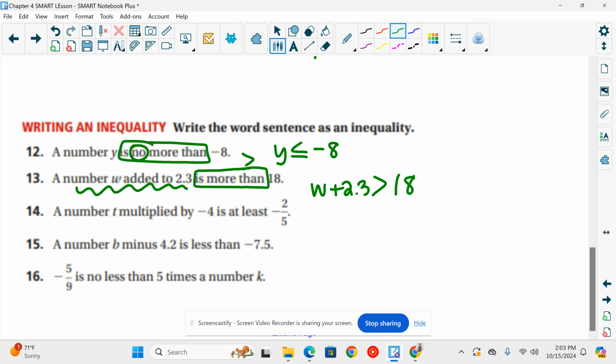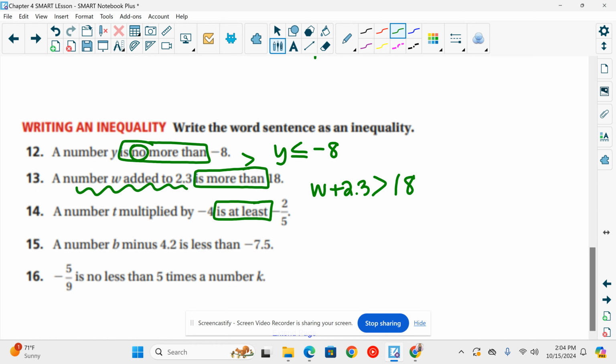Number 14. A number t multiplied by -4 is at least -2/5. Is at least is our key symbol word. Blaine, what sign goes with is at least? Don't just guess unless you know it.